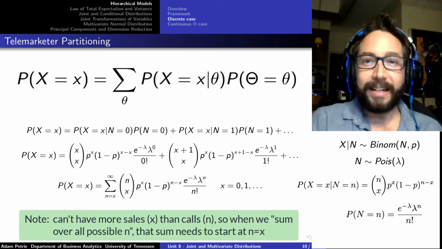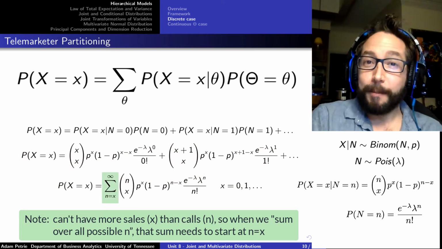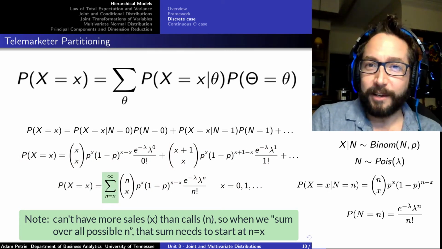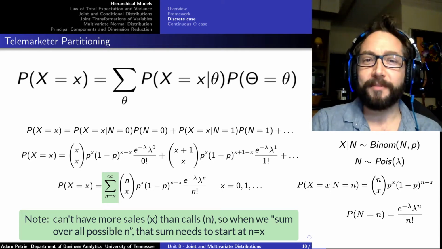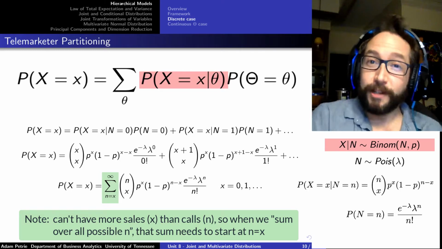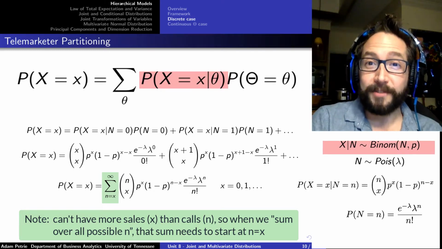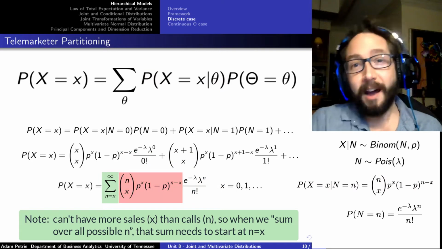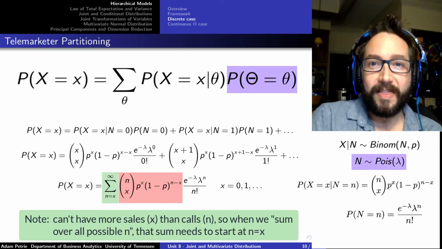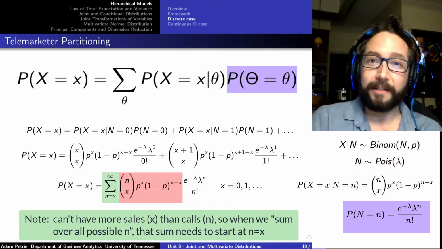So if I were to write this in summation notation, I'd be taking the sum of little n equal to x, starting at x, going to x plus 1, x plus 2, all the way up to infinity, of my conditional distribution for the number of sales given that number of calls, which is that binomial distribution, times the probability of getting that number of calls, which was a Poisson distribution.